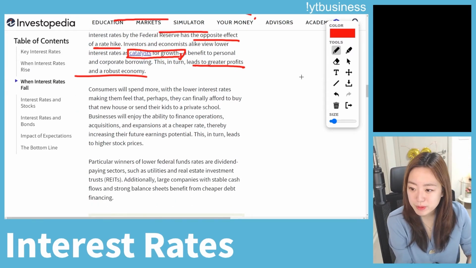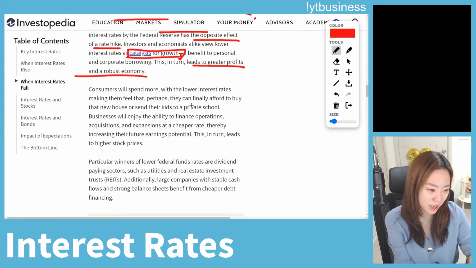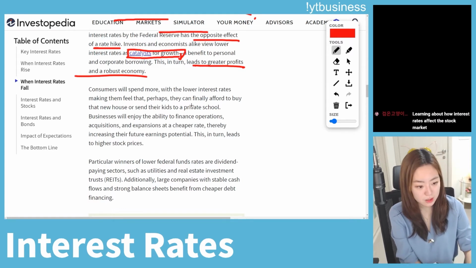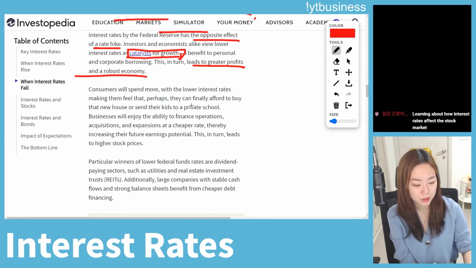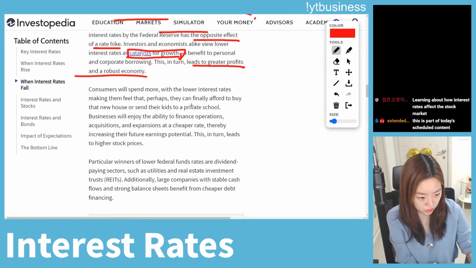Now, consumers will spend more with the lower interest rates, making them feel that perhaps they can finally afford to buy that new house or send their kids to a private school. Businesses will enjoy the ability to finance operations, acquisitions, and expansions at a cheaper rate, therefore increasing their future earnings potential.